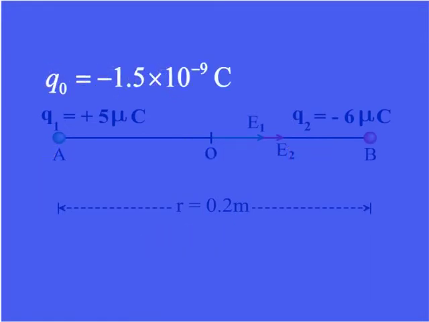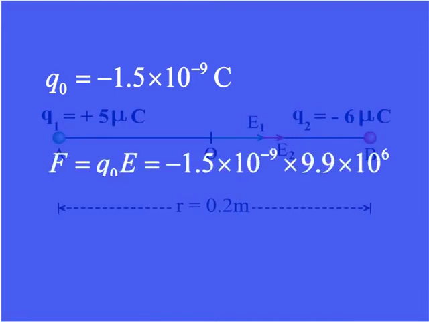If a negative test charge Q0 of magnitude 1.5 into 10 raised to the power minus 9 coulomb is placed at this point, the force on the test charge would be equal to Q0 into E, that is, minus 1.5 into 10 raised to the power minus 9 into 9.9 into 10 raised to the power 6.